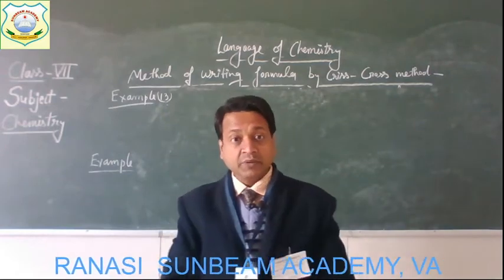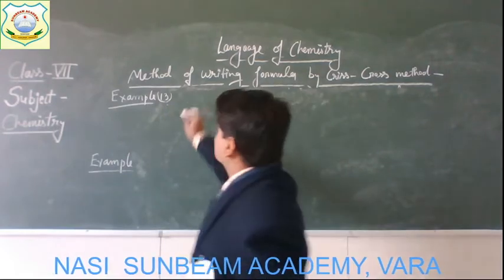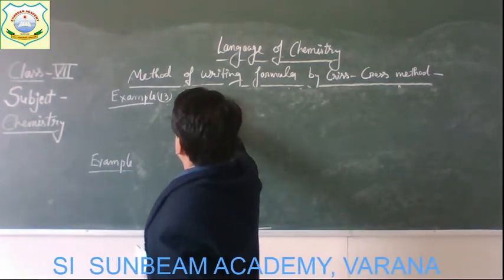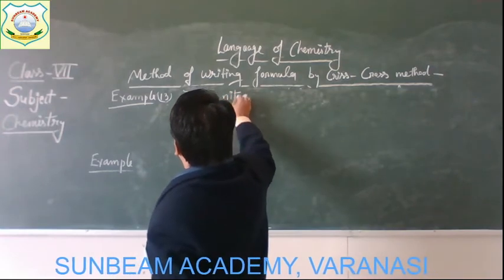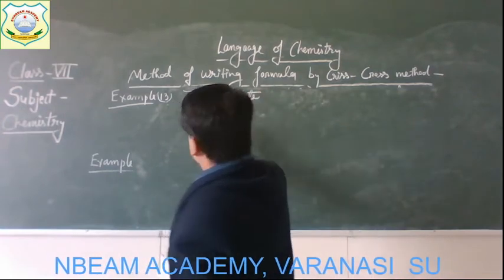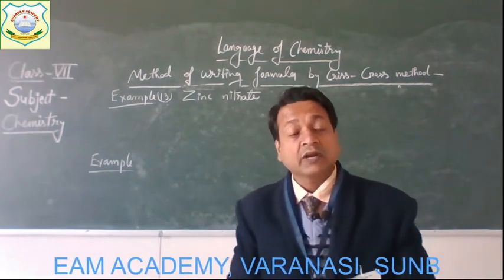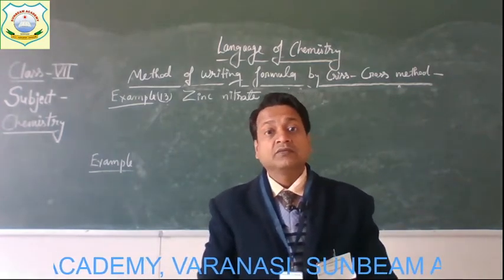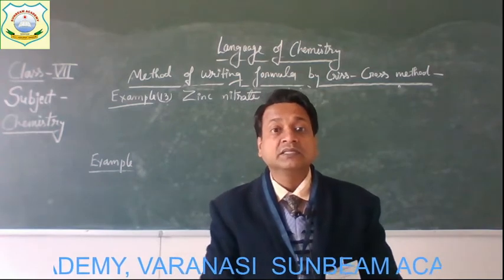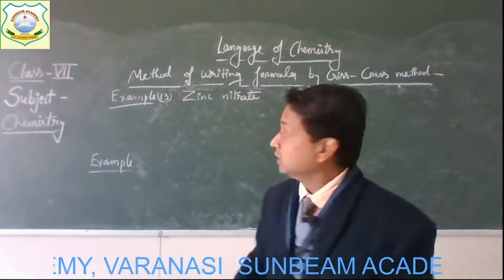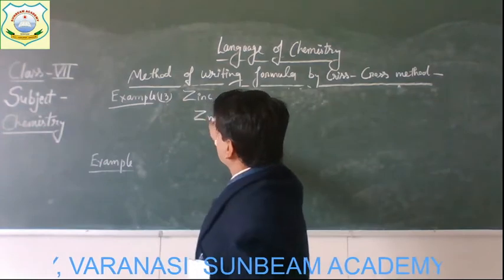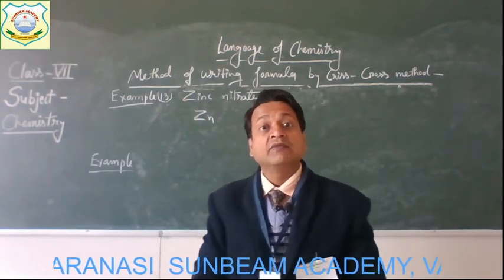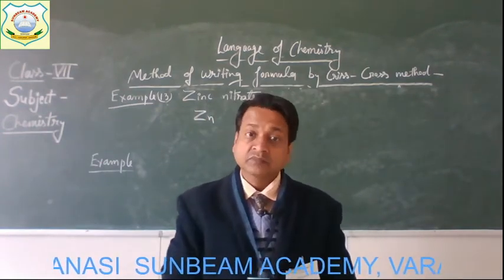And the next example is zinc nitrate. Alright children, for writing the formula of zinc nitrate, first of all we will write the symbols. So the symbol of zinc is Zn and the valency of zinc is +2.